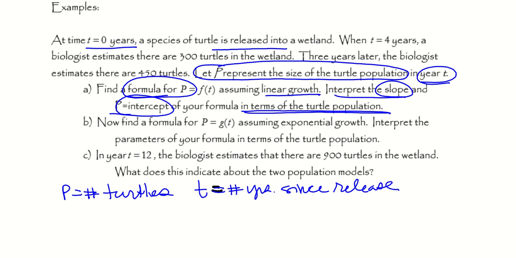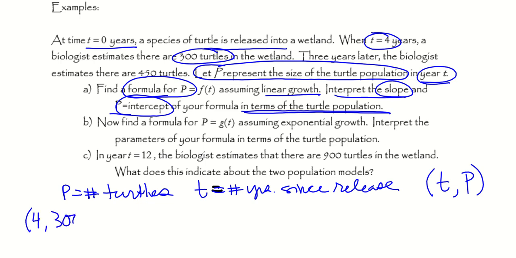So what do we know? We know that when t equals 4 years, the biologist estimates there were 300 turtles. With these variables, t is our independent variable, p is our dependent variable. So in the form of a point, I know that when t is 4, p is 300. It then says that 3 years later, so when t is 4 plus 3 or 7, the biologist estimates there are 450 turtles.